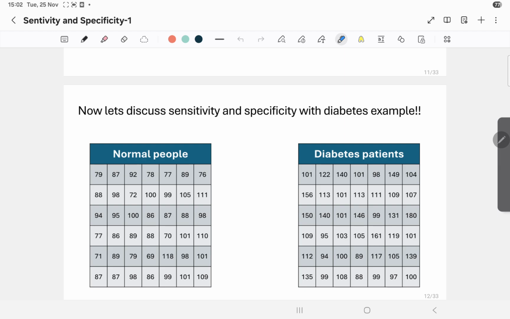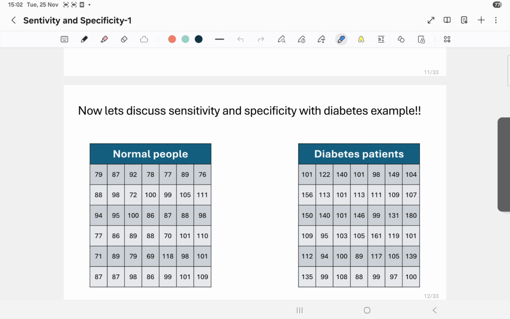So we will take some blood glucose values in normal people and some blood glucose values in diabetic patients. If you see, the average values here are much less as compared to the average values here. Here we have higher values, 101, 122. Here we have lower values, 87, 92. So it is pretty obvious that in normal people, the blood glucose levels will be lower.